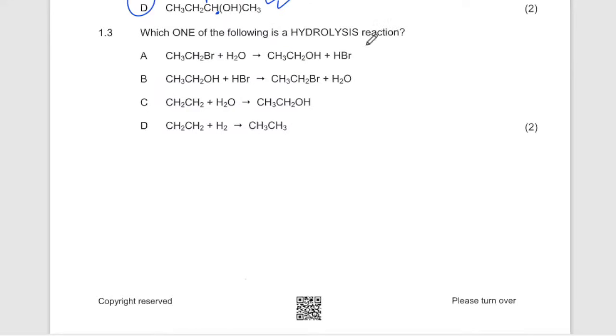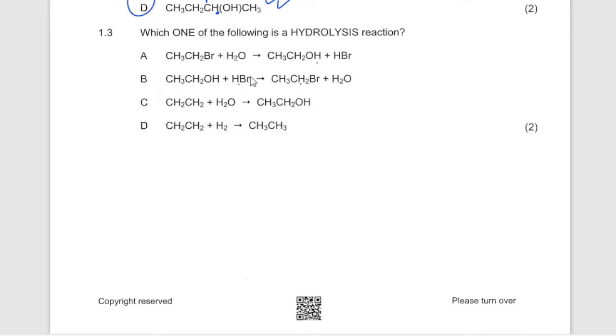Which one of the following is hydrolysis? Hydrolysis, people who watched my prediction, you saw. So they're saying which one of the following is a hydrolysis reaction. Here you have this to form this. You have this to form this.